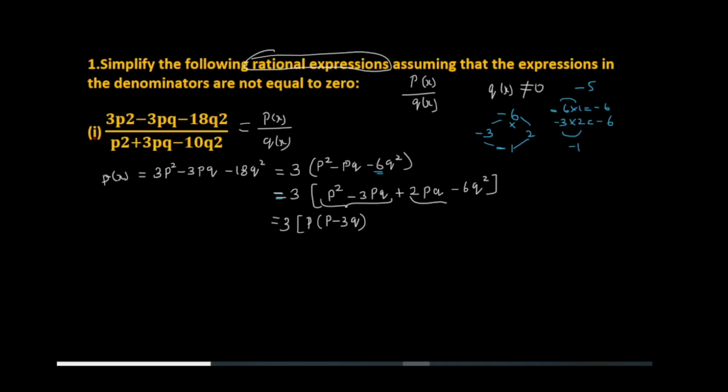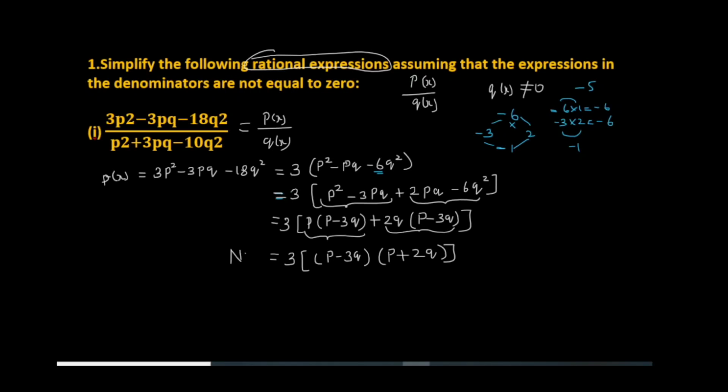And for the next two terms, plus 2q is a common factor, plus 2q taken out of p minus 3q. Now we have two terms, p into p minus 3q and 2q into p minus 3q. In that, the common factor is p minus 3q. The rest of the terms are p plus 2q. So these are the two factors for the numerator, that is, p of x's factors.